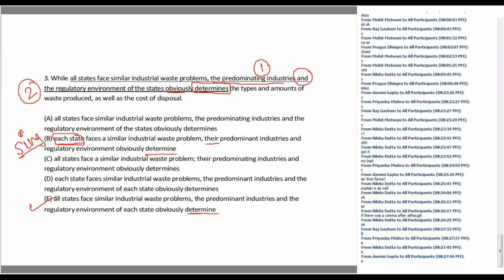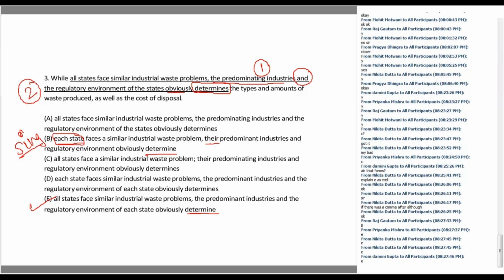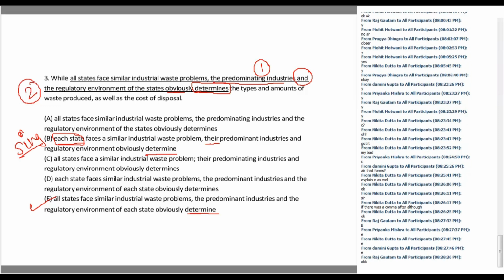Their predominant industries. I should have used a singular pronoun because my subject is singular. That is why the answer should be E and not B. And why should we unnecessarily change the form from all states to each state? It is better to keep it as close as possible to the original sentence. That is why the answer for this question is E for question number 3.